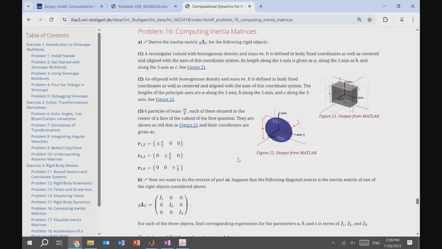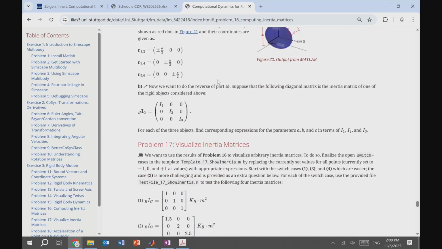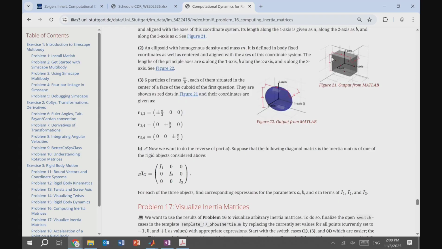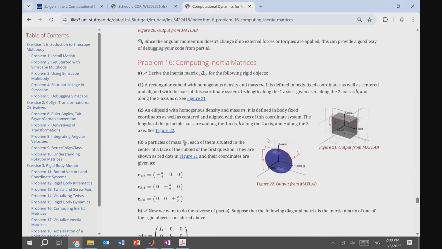Exercise 16 is a pen and paper question that goes into this idea of inertia matrices. What I want you to do is compute the inertia of certain objects: an ellipsoid, a cuboid, a collection of 6 points, and so on.